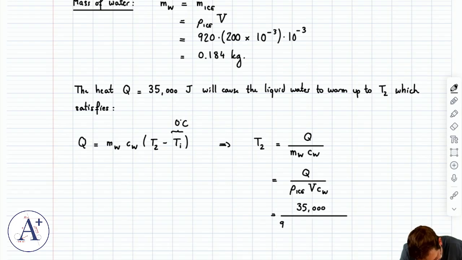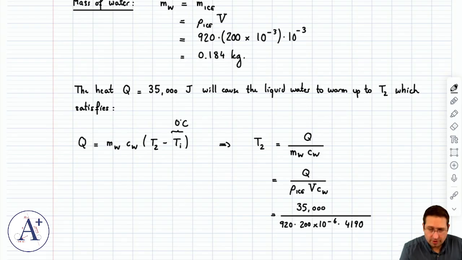So this is 35,000 divided by 920 times 200, 10 to negative 6, times the specific heat of water, which is given as 4,190 joules per kilogram per Celsius, or per Kelvin.